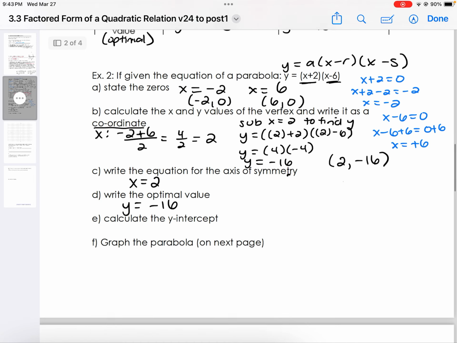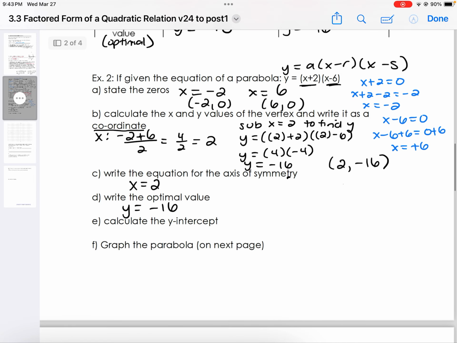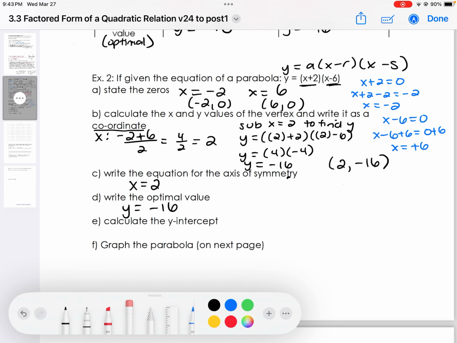Okay, and we're going to calculate the y-intercept, which is negative 8.